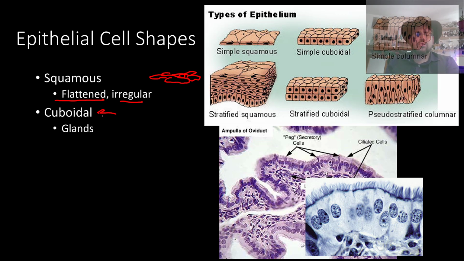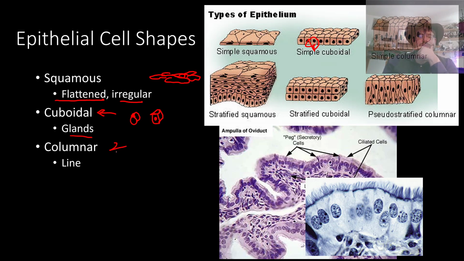Then you have cuboidal cells, which are amazingly enough roughly cube shaped, right? So they appear to be roughly shaped like a cube right there. You find these in the glands. An awful lot of cuboidal cells can be found in the glands.